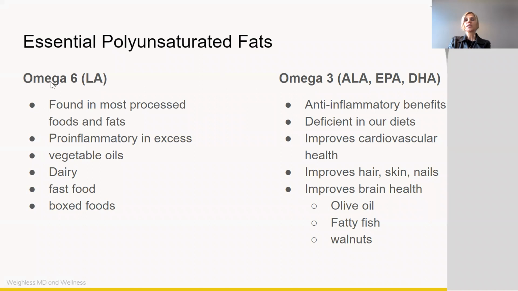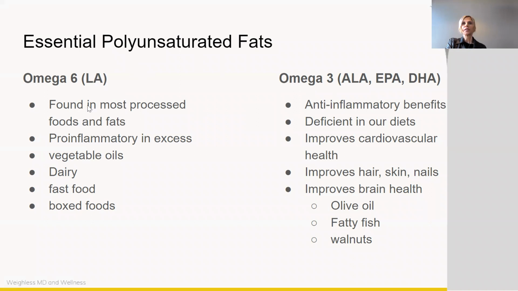And the omega-6, which is linoleic, is the fat that, although it's essential, is more inflammatory. And what's happening now is it's really found in all of the processed unhealthy foods. So now we're having this really significant imbalance in the omega-6 and the omega-3.